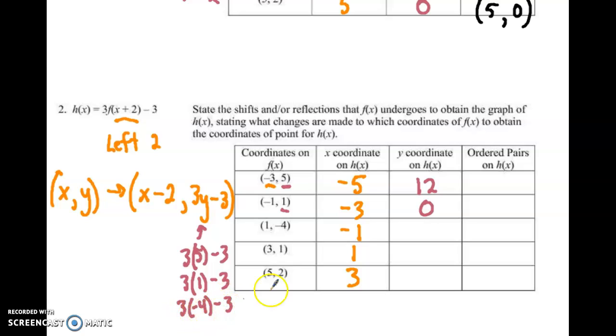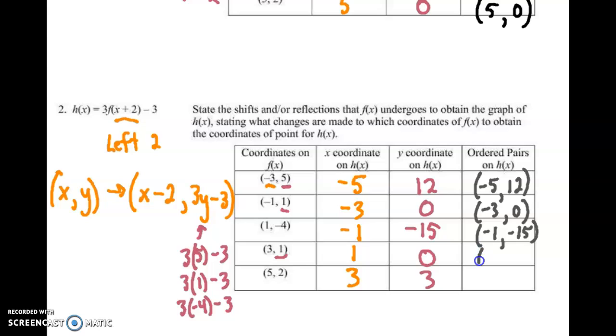So I get negative 12 minus 3 is negative 15. Again, this is the same value as this one up here, so don't do too much work. 3 times 2 is 6, minus 3 is 3. And now we have enough information to say our ordered pairs: negative 5, 12; negative 3, 0; negative 1, negative 15; 1, 0; and 3, 3.